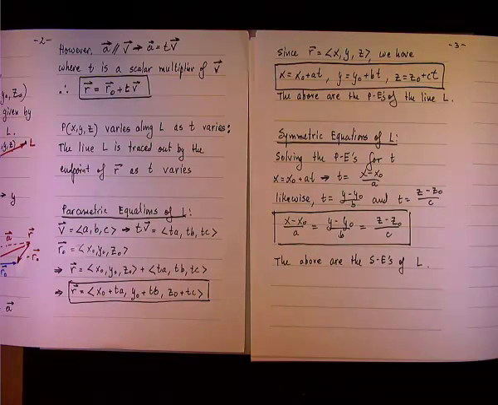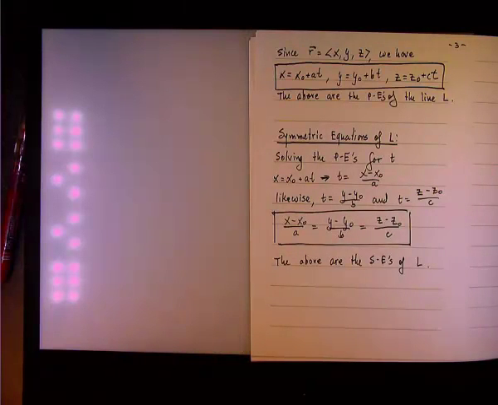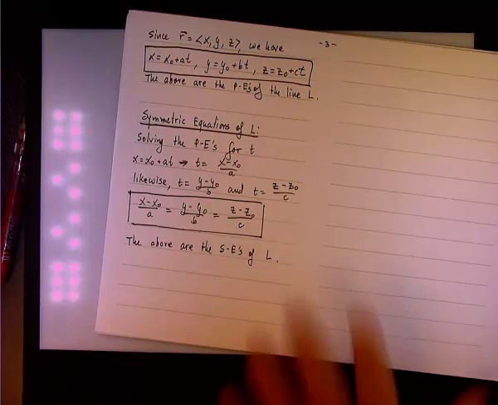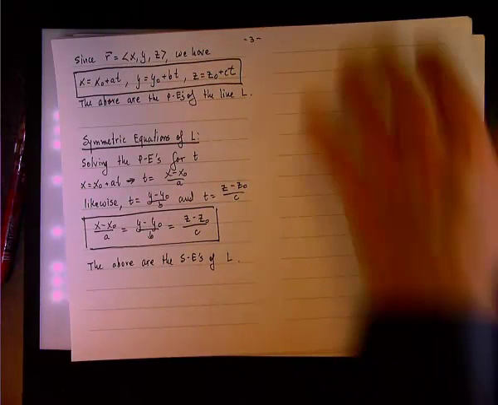Okay? These two are the same. The second is the parametric equation of the line, and the third is the symmetric equation of the line. And now we need to practice some.